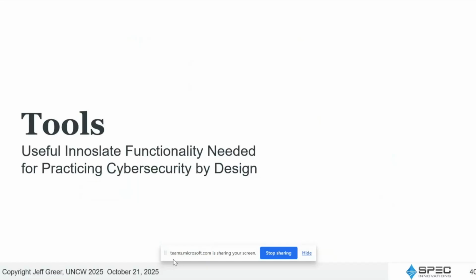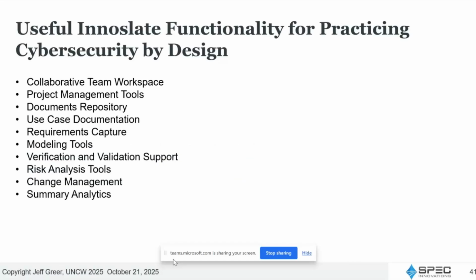What's important in all this is tools, right? So I'm just going to go through real quickly the useful in-a-slate functionality needed for practicing cybersecurity by design, and then as I go through the rest of the presentation, I'll talk even more about that. So here's my list of essential in-a-slate functionality. First off, you need a collaborative team workspace.